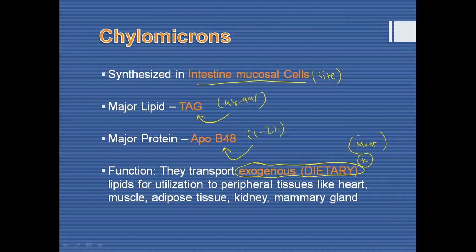They will transport those lipids for utilization from the intestine to peripheral tissues such as heart, muscle, adipose tissue, kidney, etc. So chylomicron represents the exogenous fat which we consume in the form of diet, and it will transport that fat to the various peripheral tissues.